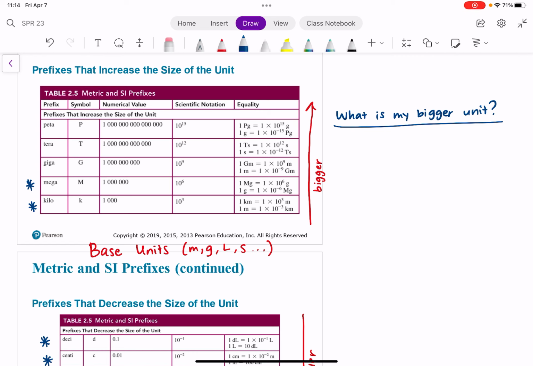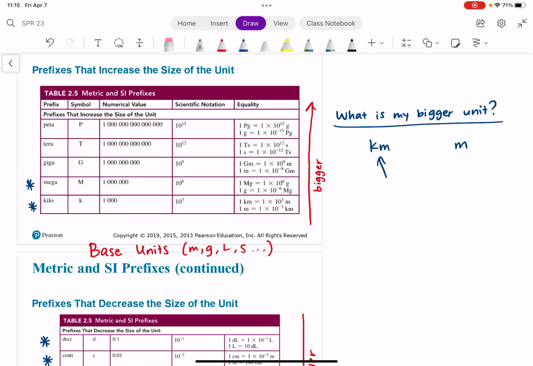What I mean by that is, if we're comparing kilometers to meters, which one is the bigger unit, kilometers or meters? Remember, meters is my base unit. Yeah, kilometers are bigger, right? And I know that because as I'm going this way on this table, I'm getting bigger and bigger and bigger.